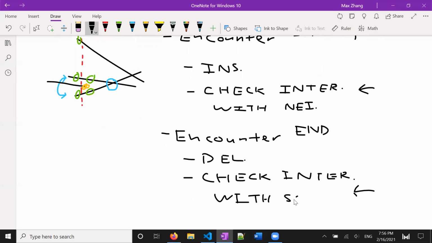So with the sandwich, the one that was above and below the line segment that just got erased. So that's how that works.